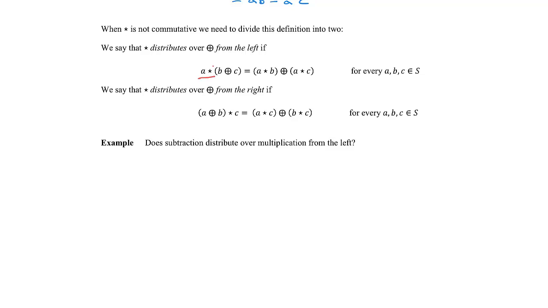A star distributing from the left would go to B and C from the left-hand side and give us what we'd have on the right-hand side, just like earlier on in this video. But if the star is not commutative, if the order matters for star, then it would mean something different to distribute from the right.